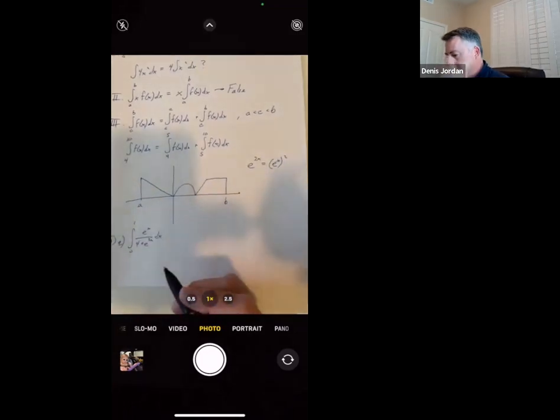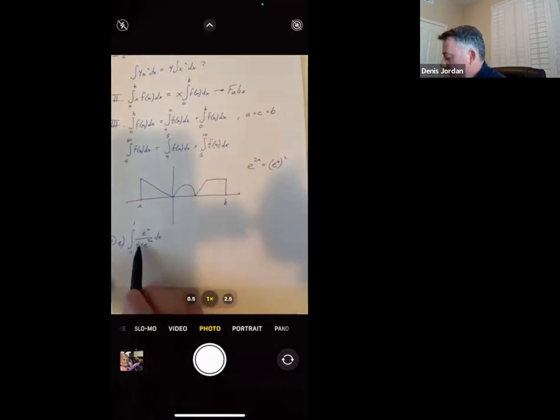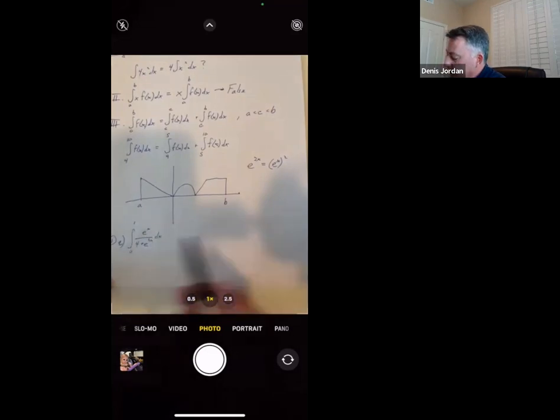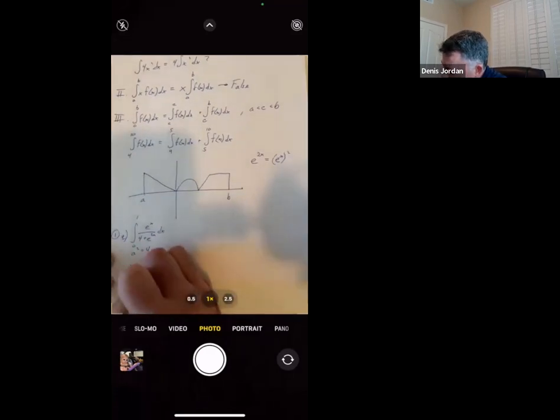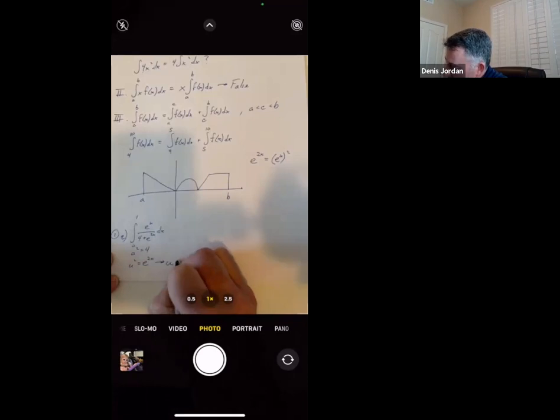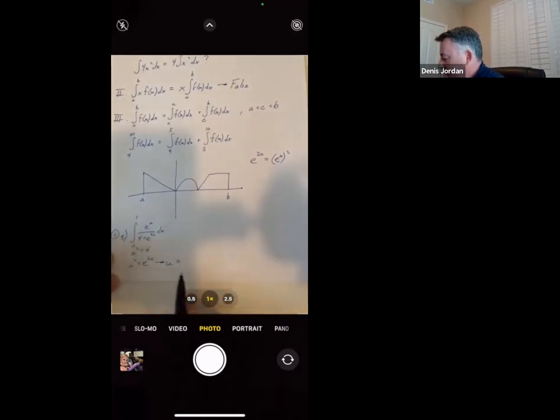So you can run through your checklist again. You can check the ln, you can check the inverse trig functions, or you can check the u sub. The derivative of the denominator is not up there. It's close, but it's off enough to where it's not the ln. So then for your inverse trig, your a squared is 4, your u squared is e to the 2x, which means the u would be what?